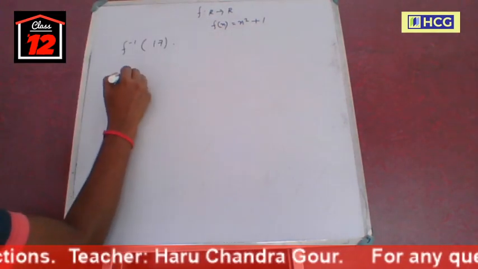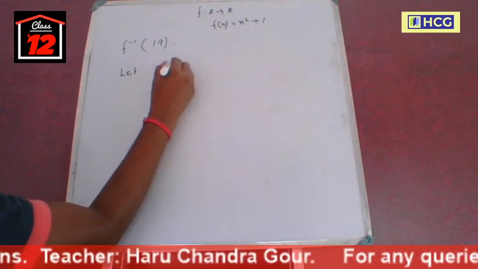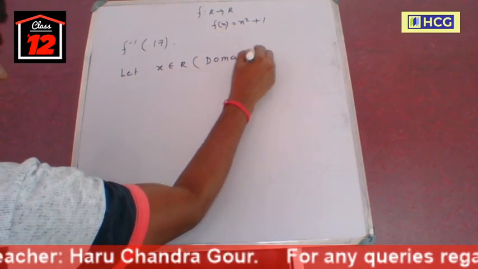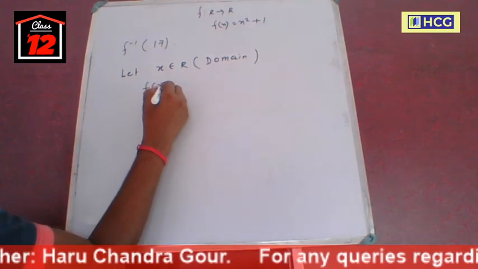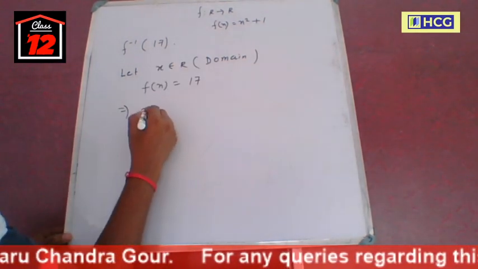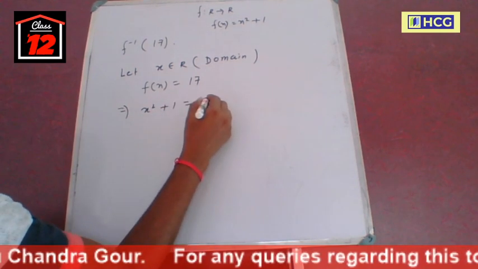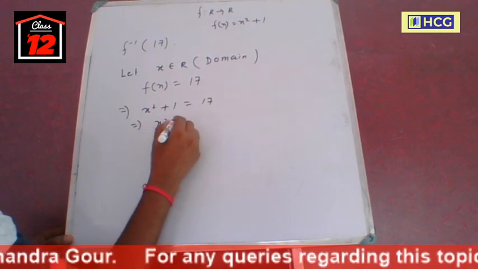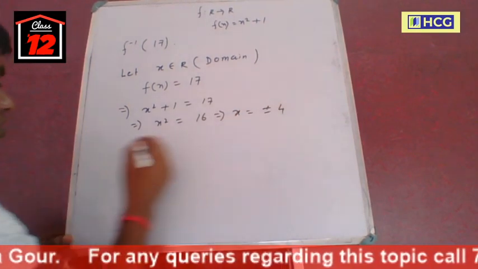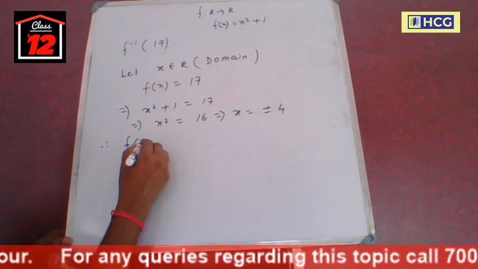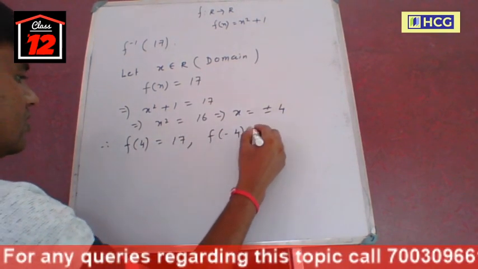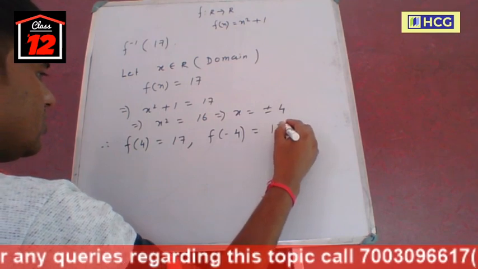So let some element in the domain set satisfy f(x) equals 17. So now f(x) equals x square plus 1 equals 17, implies x square equals 16, implies x is equal to plus minus 4. So now f of 4 is equal to 17 and f of minus 4 is also equal to 17.